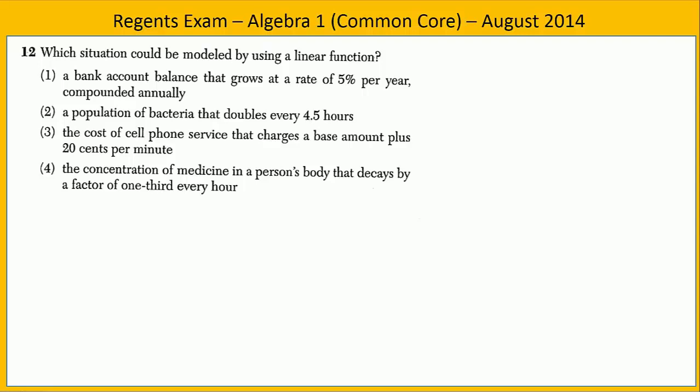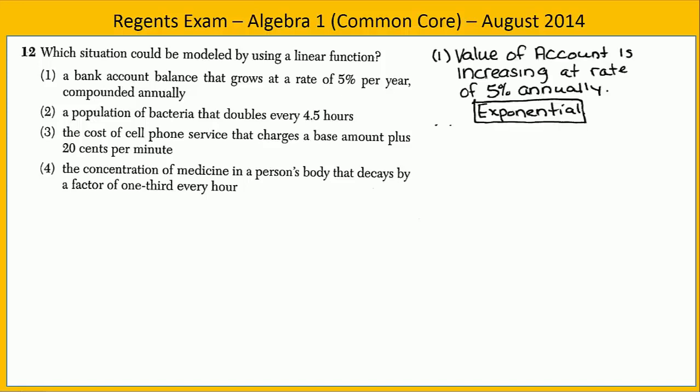In exercise 12, we're asked which situation could be modeled using a linear function. It's important that we know the kinds of things that are linear and the kinds of things that behave in an exponential manner. Choice 1 talks about the value of an account increasing at a rate of 5% annually. If something increases at a percentage rate over and over and over, we have exponential growth.